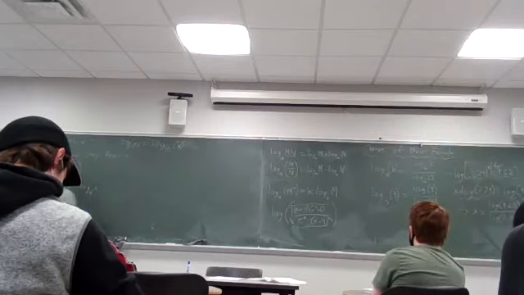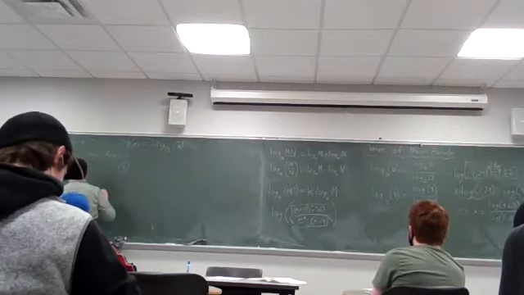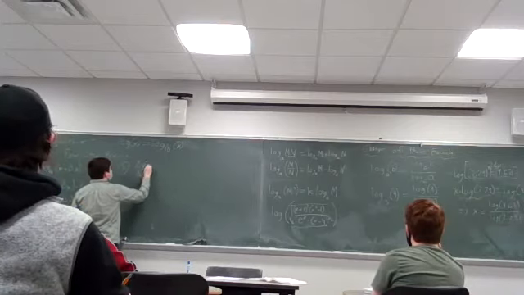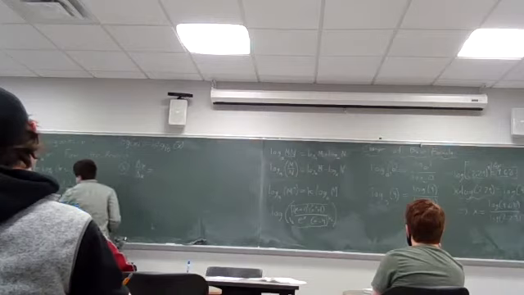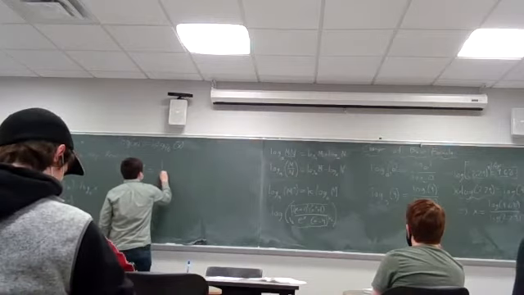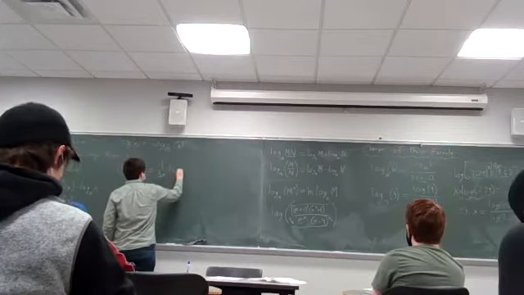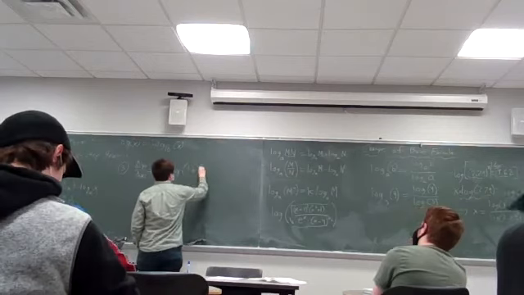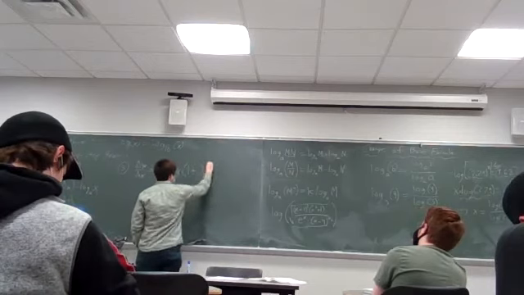Step 3. What's step 3? Divide by delta x. So we have delta y over delta x. And then I'm not going to necessarily write delta x below the whole expression. I'm going to write it in front. So we have 1 over delta x times log of 1 plus delta x over x.